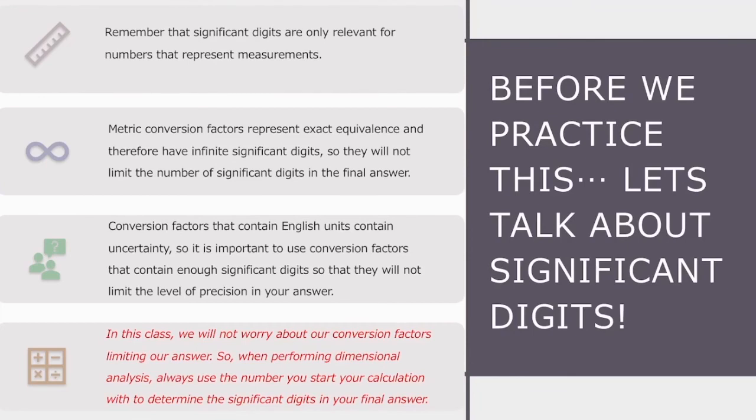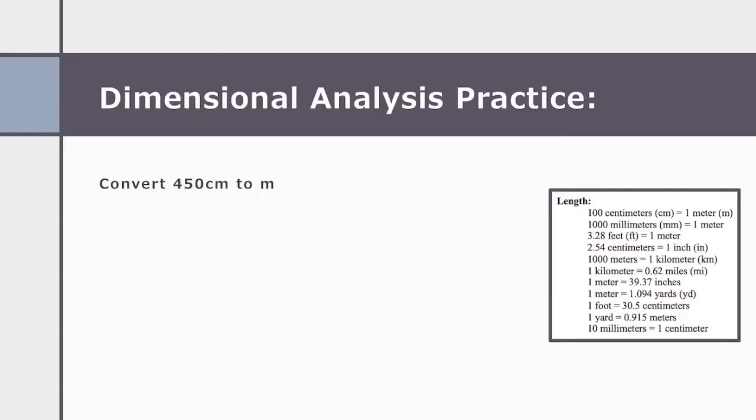In this class, all year, we're not going to worry about any conversion factors limiting our answer. So the number that you start the problem with, however many significant digits that has, you're going to report your answer with that same number of significant figures. Okay. So with that being said, let's go ahead and do some examples.